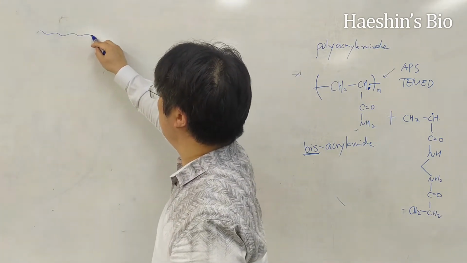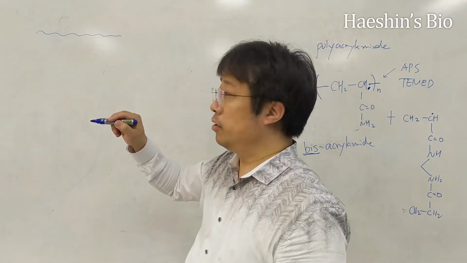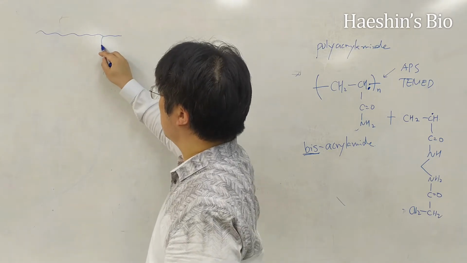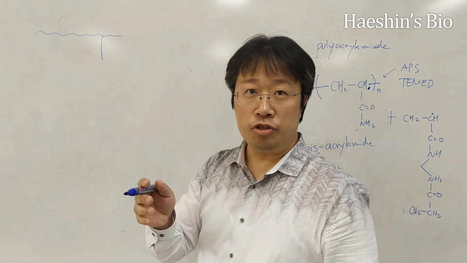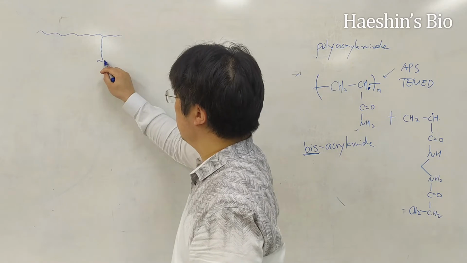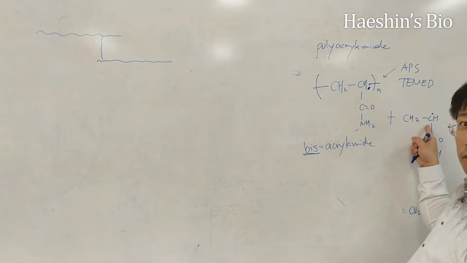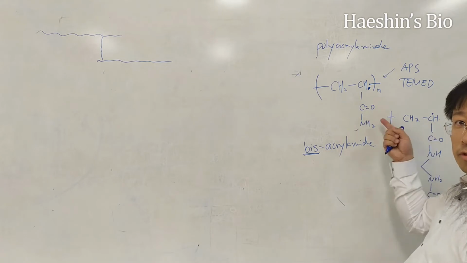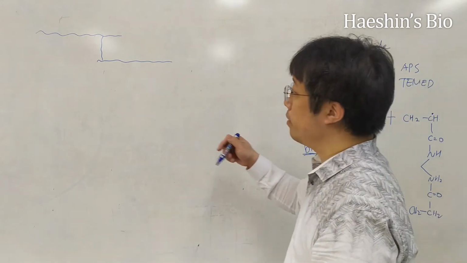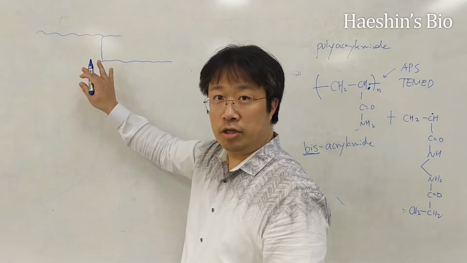If this is the acrylamide polymer, then some bisacrylamide makes a bridge. At the same time, because of the radical here, it can also start a polymerization from this initiating point, making another chain.